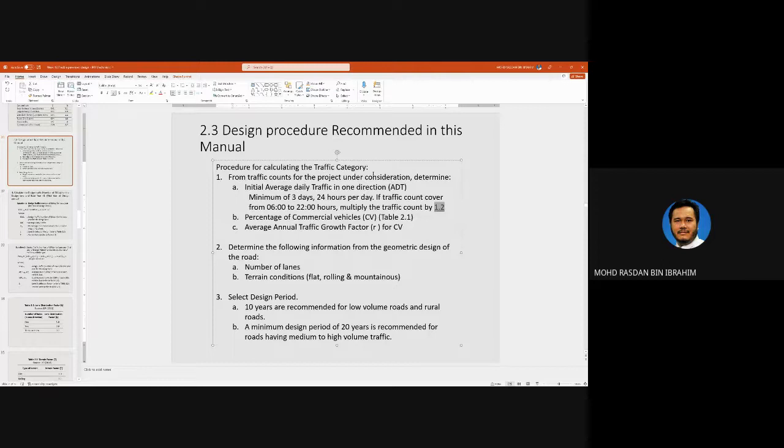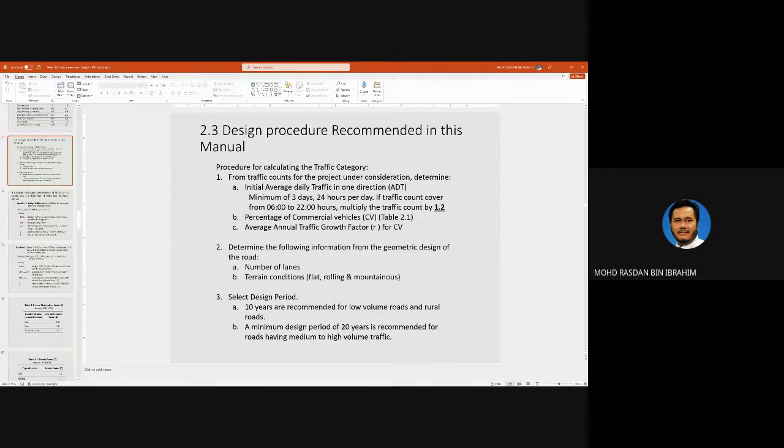Okay. If the count is for 24 hours, then it's okay. You can directly use the volume. If the volume provided to you is only between 6 a.m. to 10 p.m., you need to multiply the volume by 1.2. Very important to remember this.